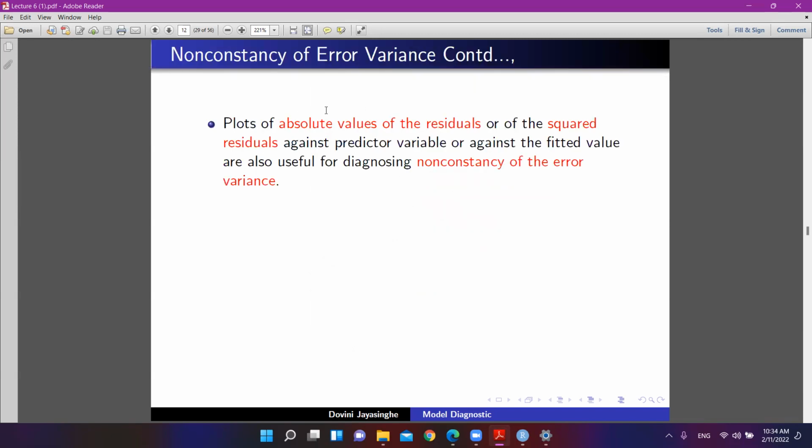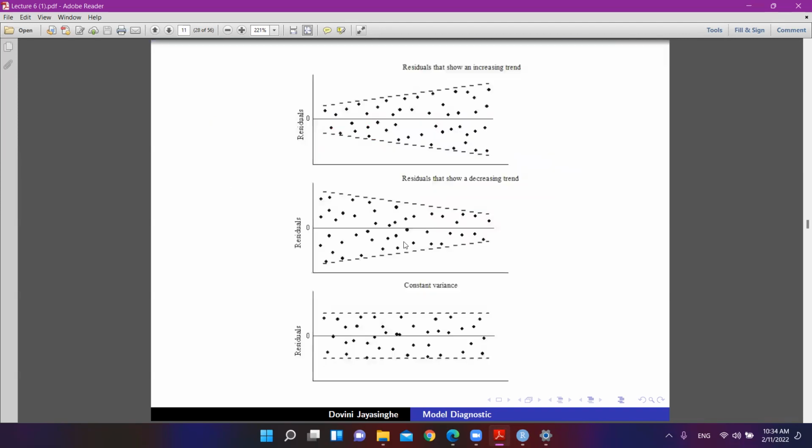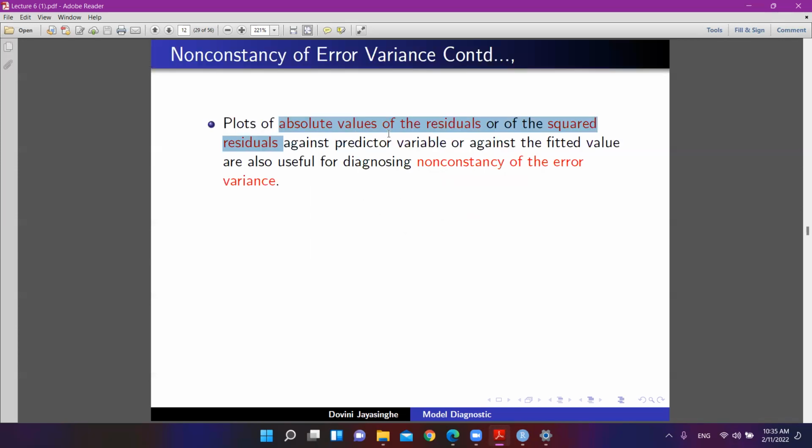Plots of absolute values of residuals or the squared residuals would give you positive residual values. So in that plot, we don't have this particular line. It's starting from 0. We don't have a negative axis, because the y-axis is absolute residuals or the squared residuals against the predictor variable or against the fitted value.